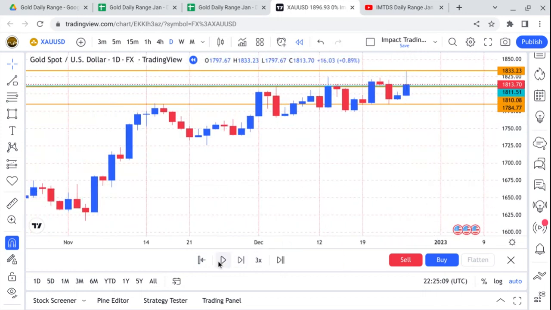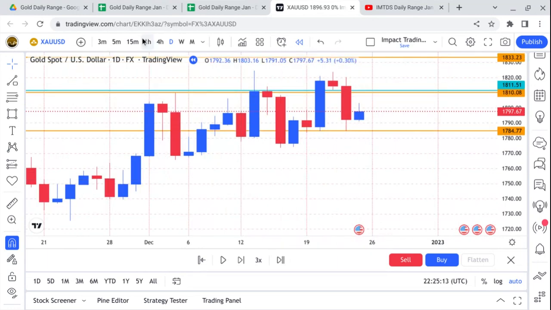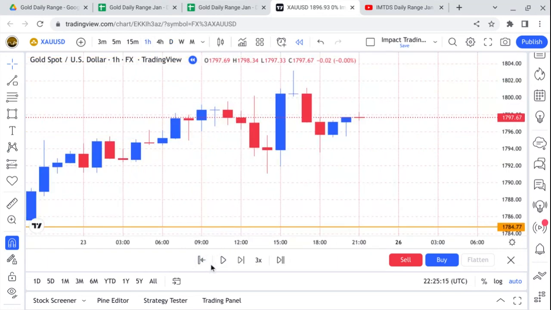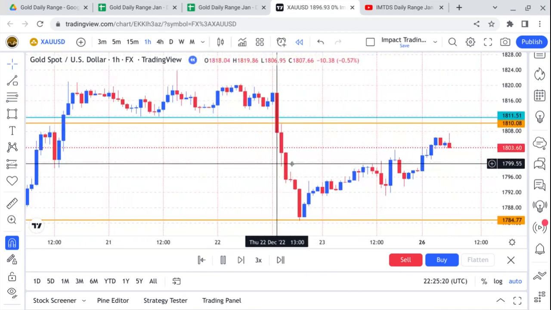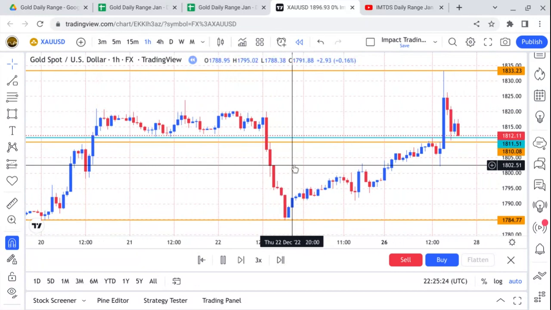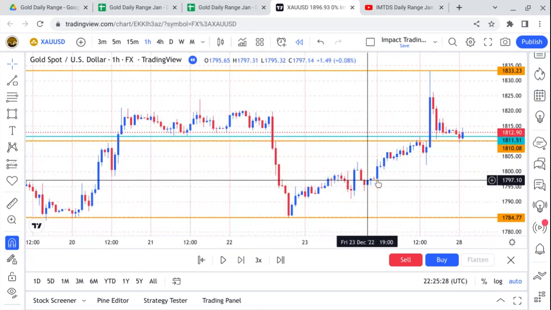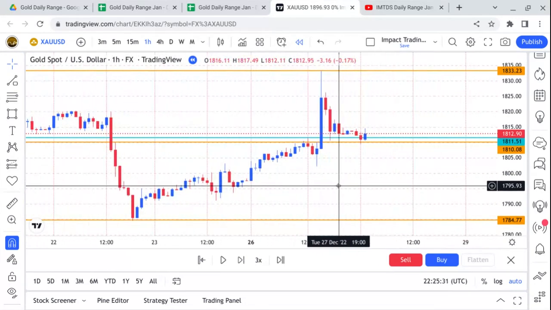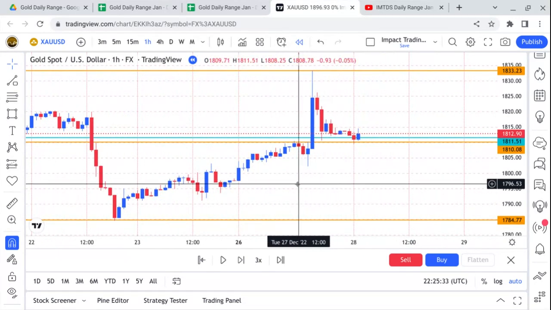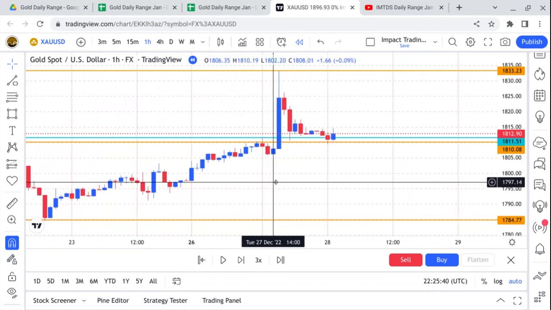All right, let's look at that on the hour. All right, our first trade of the day would have come towards the end of the London session and the start of the New York session.